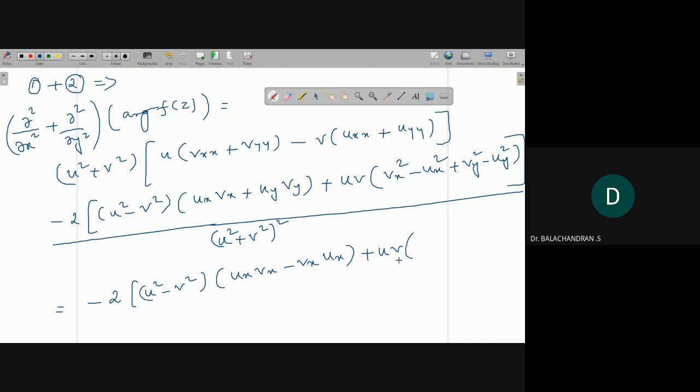u v. So I'm going to convert everything in terms of x. v x square, plus v y square, minus u x square, minus common, minus u x square plus u y square.